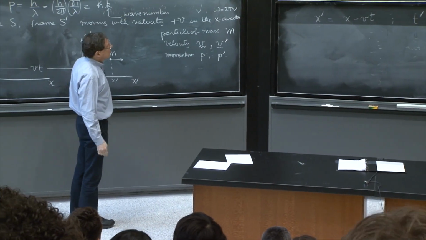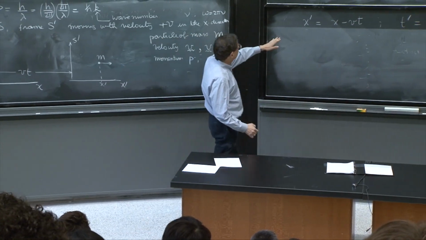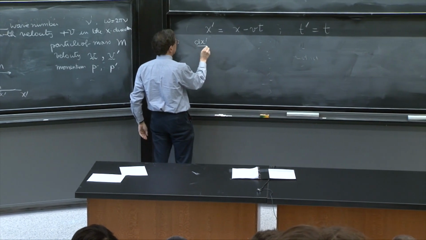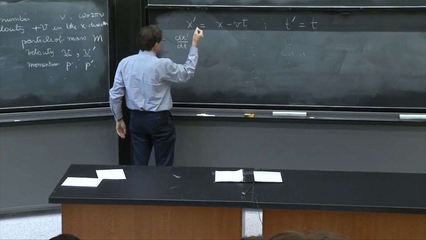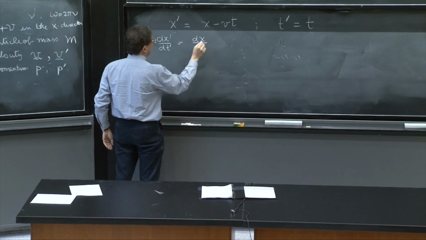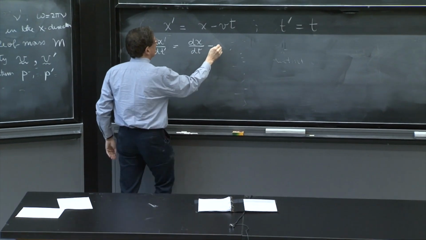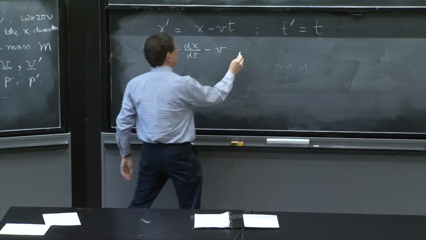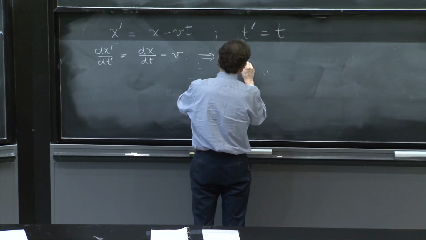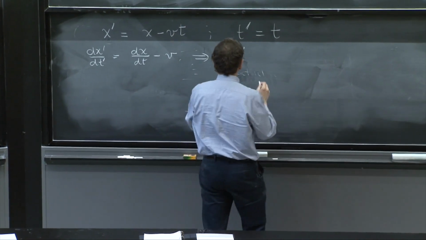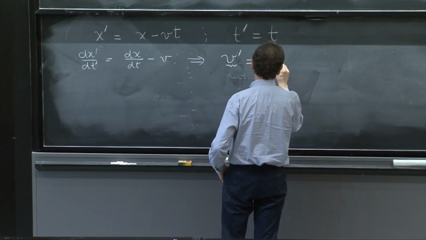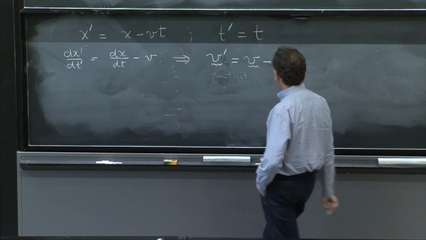So from this, we can take a time derivative talking about the particles. So we have dx prime dt prime, or t is your choice. I guess I should put dt prime here, dx dt, minus v, which means that the velocity v prime under bar is equal to v under bar minus little v.